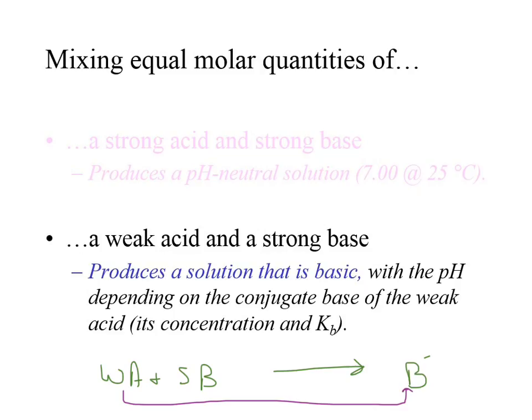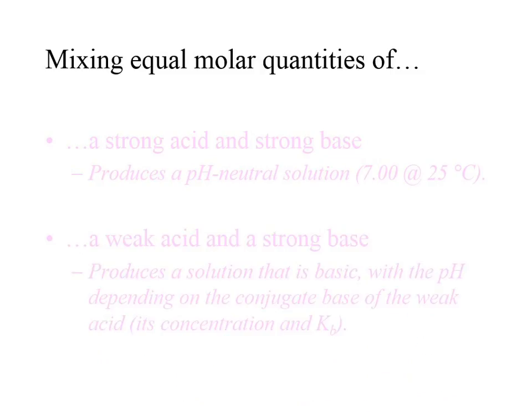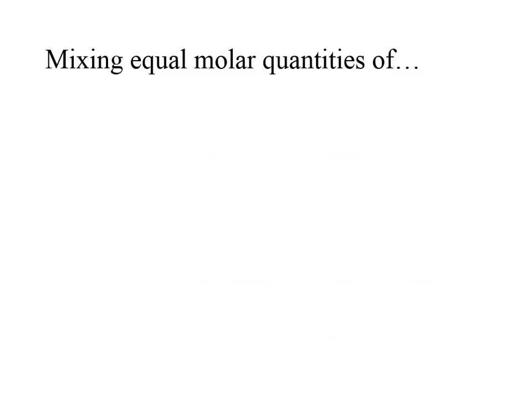The pH is driven by that, because these are all going to be used up. These are consumed. And I'm saying this because when we do titrations, that is what happens at the equivalence point. If you have a weak acid and a strong base, they're both consumed. And the pH is driven by the conjugate base that was formed.